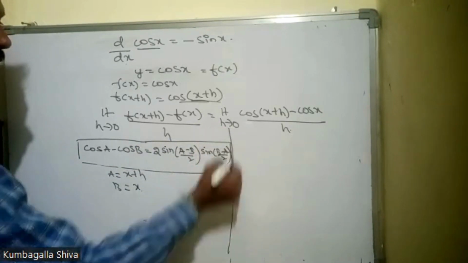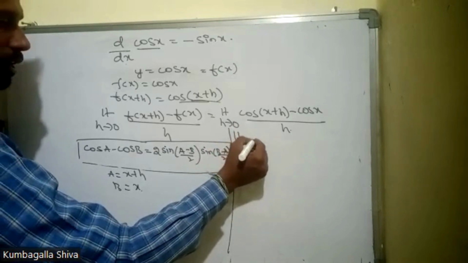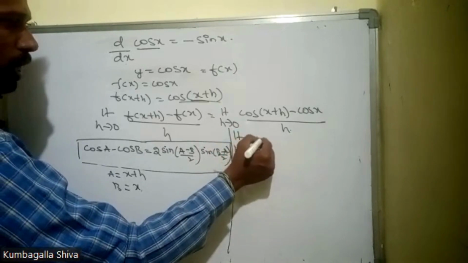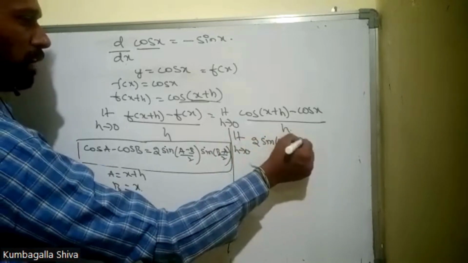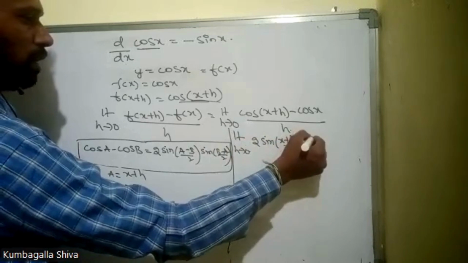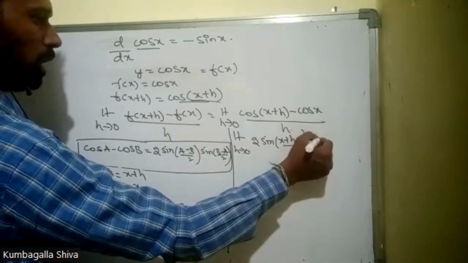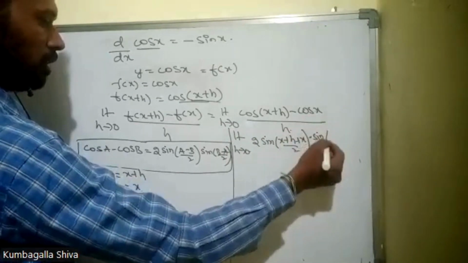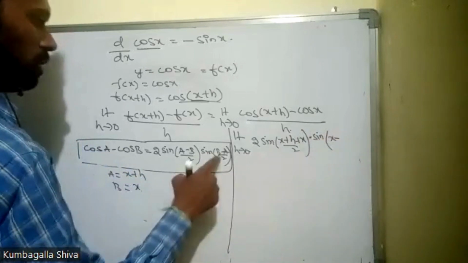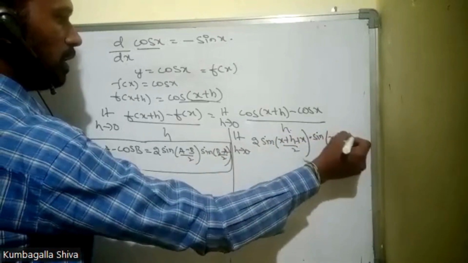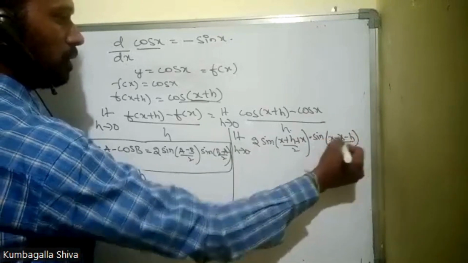That is limit h tends to 0. What I get here is 2 into sin of (x plus h plus x) by 2 into sin of (x minus x plus h) by 2.